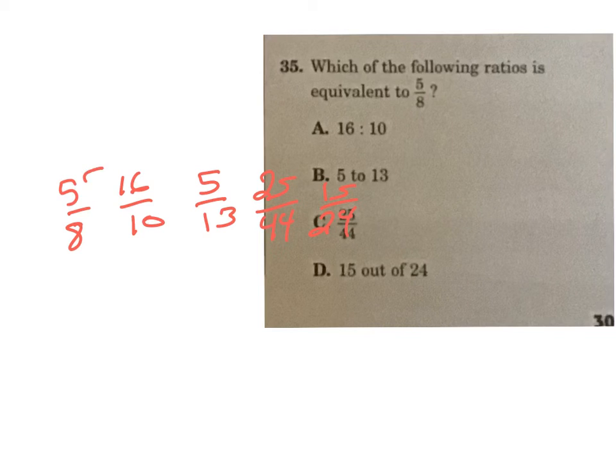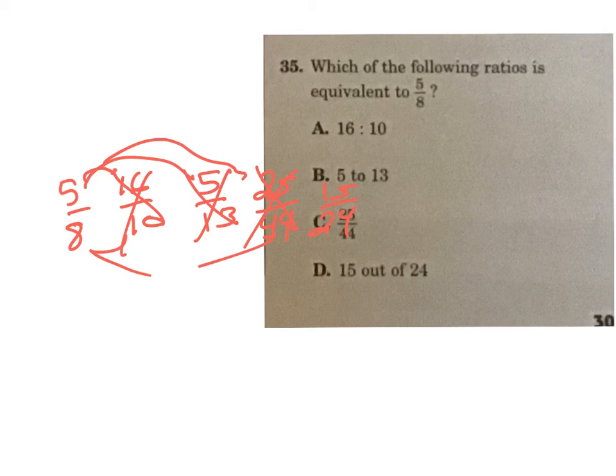Okay, 5 times that, no, so it's not that one. 5 times 1 is 5, 8 times 1 is not 13, not that. 5 times 5 is 25, 8 times 5 is 40, so it's not that. 5 times 3, and 8 times 3, that's 24. So it has to be 15/24, which is this one right here. That's the only one that's equivalent to 5/8.